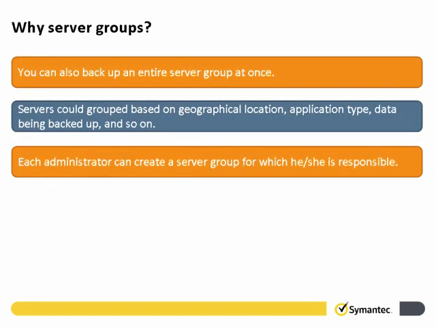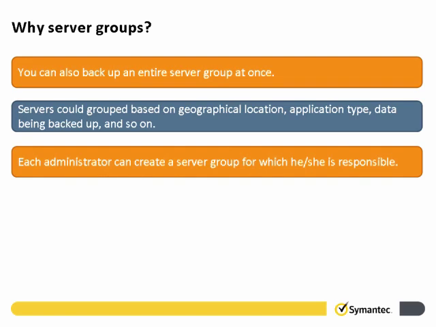I can back up the entire server group at one time. It makes sense if you create groups based on data type. So if I have 3 SQL servers, I'm going to create a group for SQL servers. They can be grouped based on geographical location, by applications, by data type. You can create whatever groups are particular to administrators for those groups.